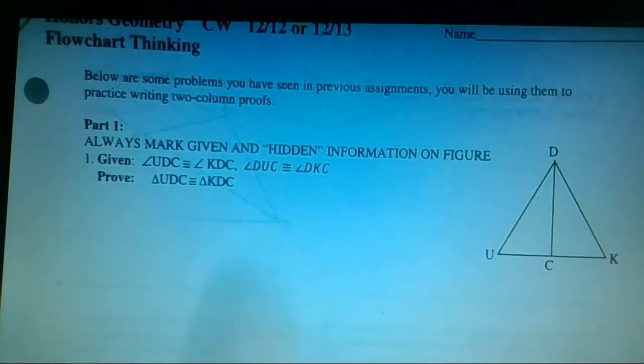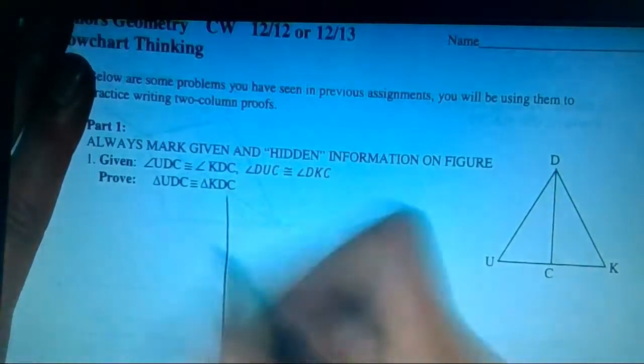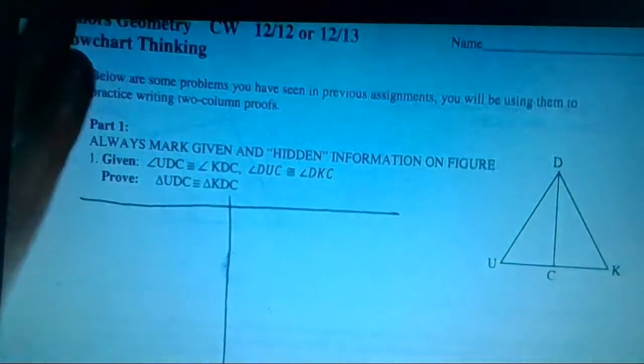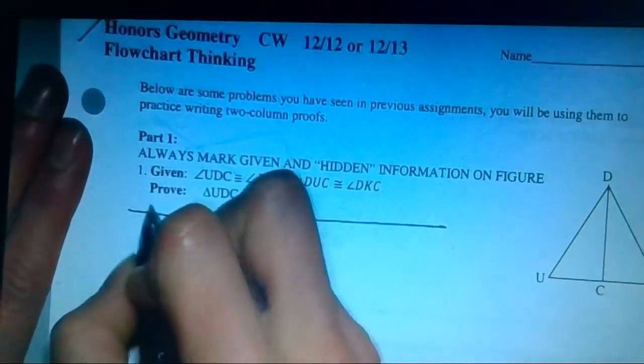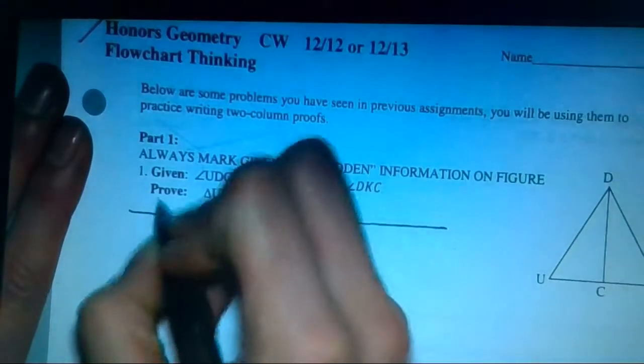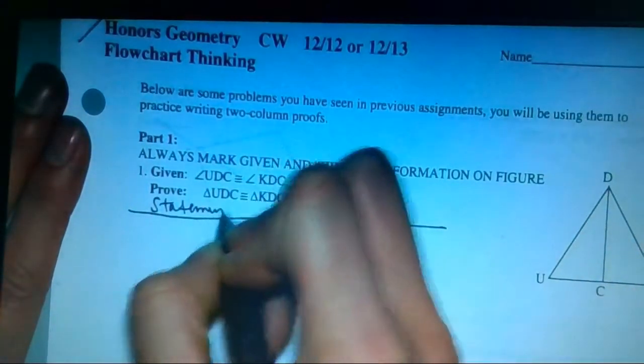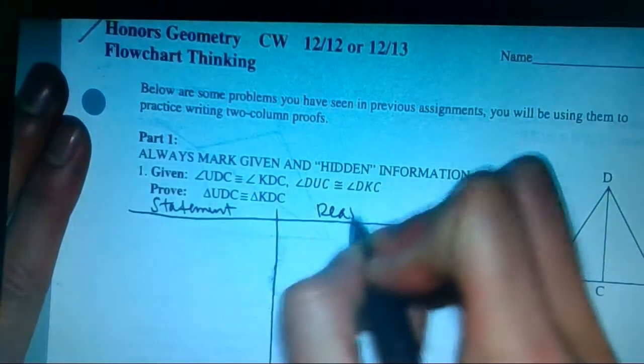Okay, so on our first problem, make sure you have a 2. We're coming back to this T-chart. What goes on the left side? Statement. And then? Reason.